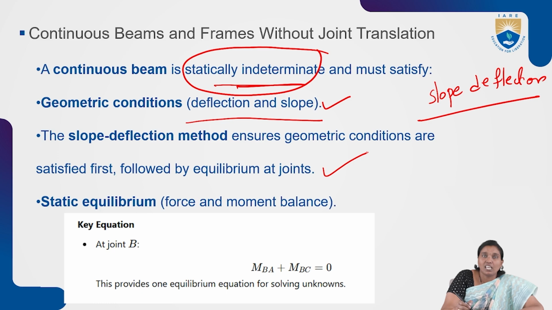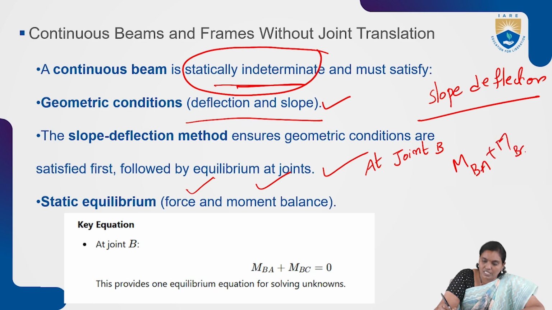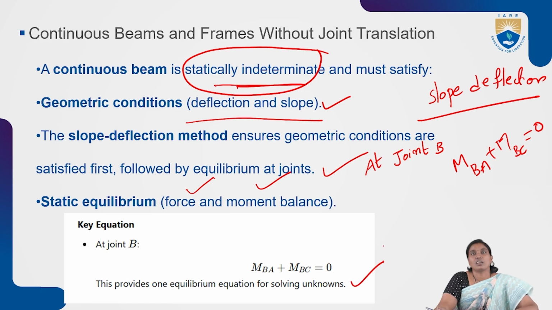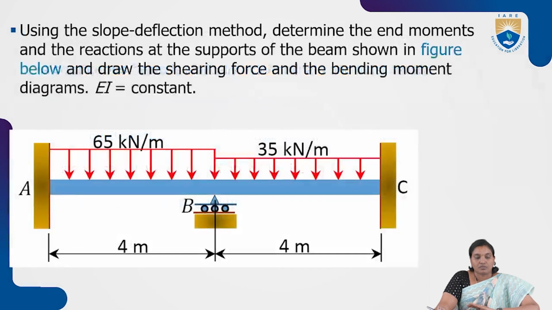So the static equilibrium is the force and moment balance at a joint B, for example, moment BA plus moment BC is equal to 0. This provides one equilibrium equation for solving the unknowns.